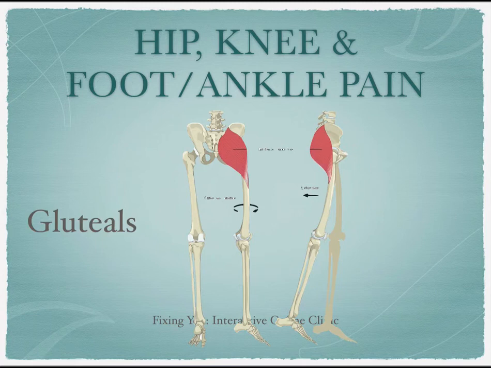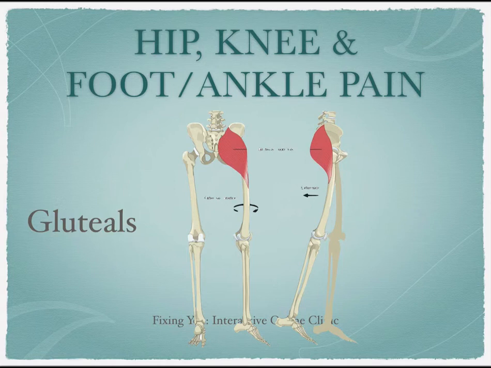Now, another issue that's going on here are the butt muscles, the gluteals. This group of muscles is so important, yet so underused and problematic. Most people I see with at least hip and knee pain have a poor gluteal function issue going on.